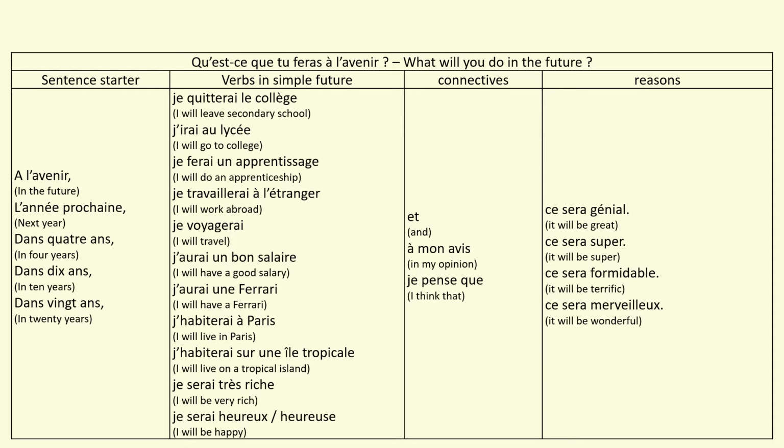J'aurai une Ferrari. J'habiterai à Paris. J'habiterai sur une île tropicale. Je serai très riche. Je serai heureux. Je serai heureuse.